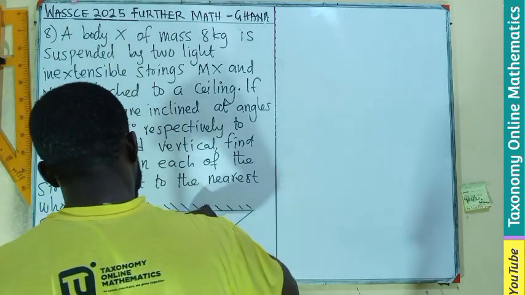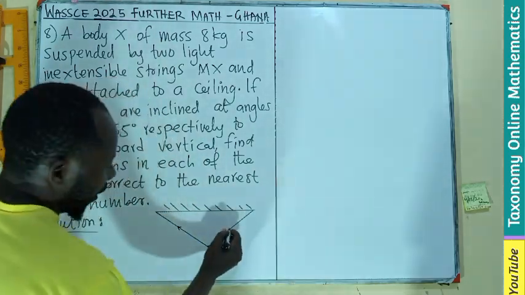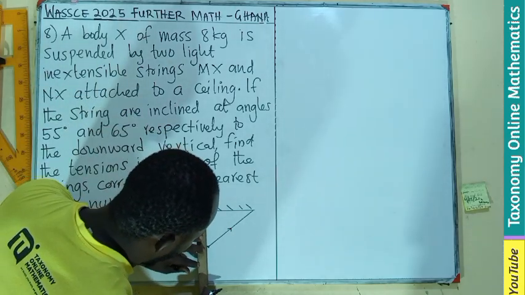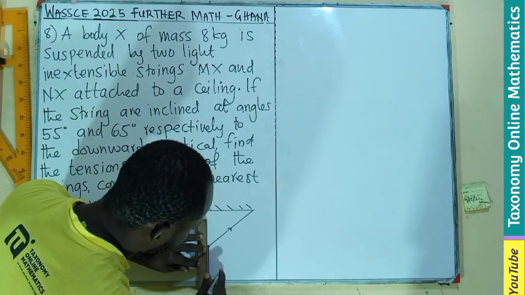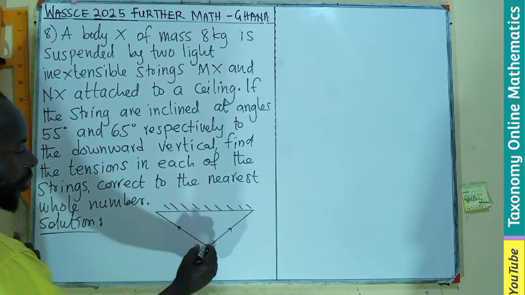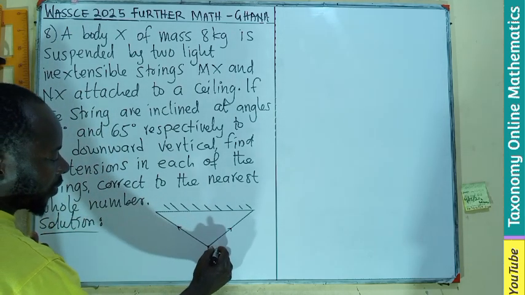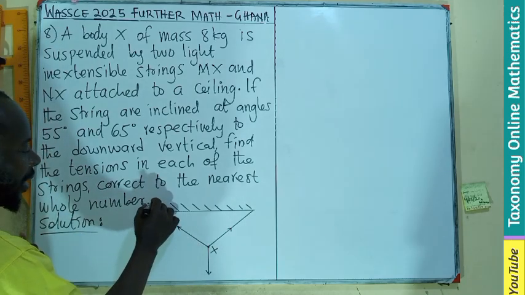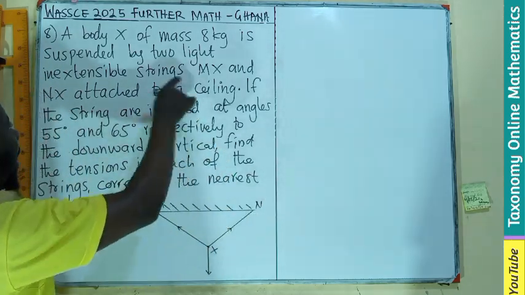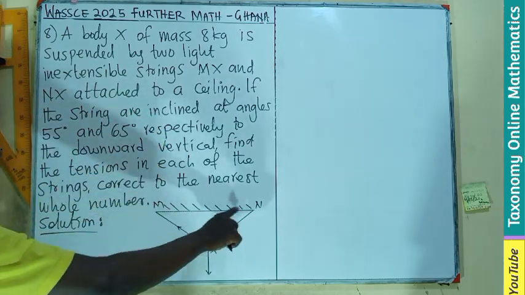So there's going to be a tension in here and a tension in here. Then the body will also possess weight. Weight will be moving downward. This is going to be the position of X, the body. Then M, and this is going to be N.